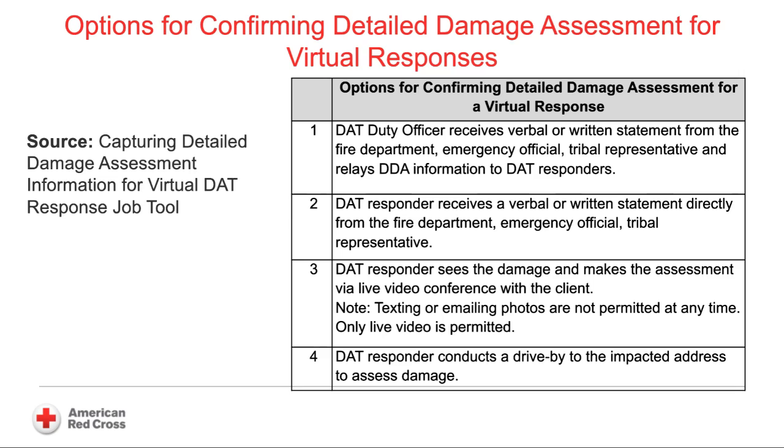I'll jump in. When it's a DAT response, you're using the DAT job tool. When it transitions to a DRO, then the DAT job tool is set aside and the Red Cross FEMA Pocket Guide for Disaster Assessment is used for damage criteria. That's the best answer I can give you. Great, thanks, Sarah.